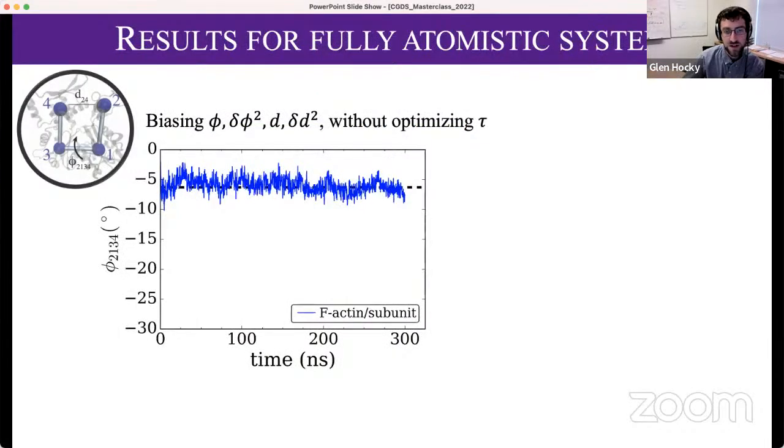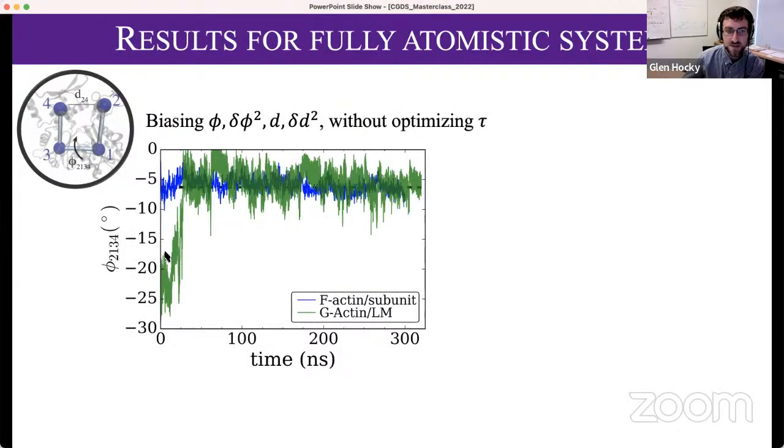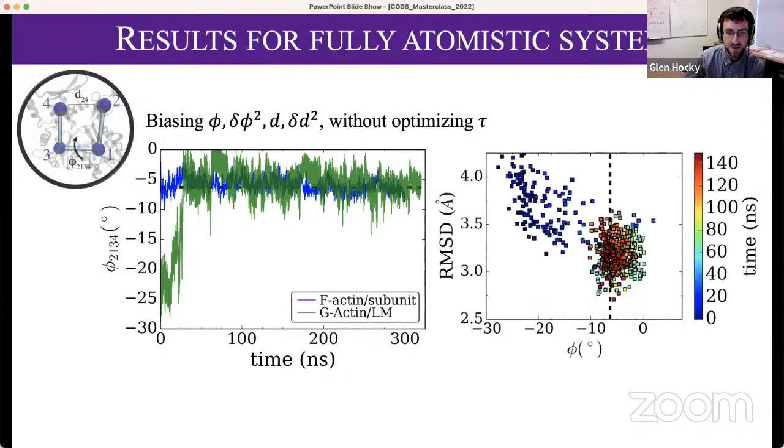Okay, so now going back to the fully atomistic system, I was able, in tens of nanoseconds, to bias a single actin monomer to behave like it's in a filament with the correct variance and average. If you look at the convergence, or just the structural difference between actin starting here and ending up here, it does go down, which was good.